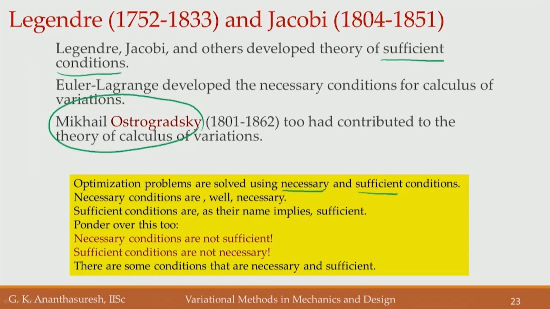Sometimes you can have conditions which are necessary and sufficient. These are important words, but you do not have to worry about them because they basically say what they mean. So, Euler-Lagrange dealt with the necessary conditions and other people dealt with the sufficient conditions. That is another development in the field of calculus of variations.